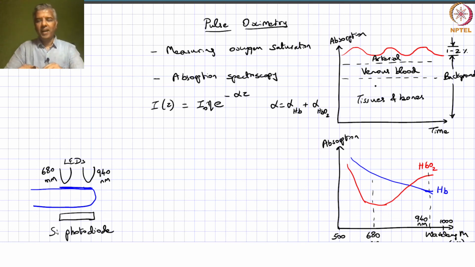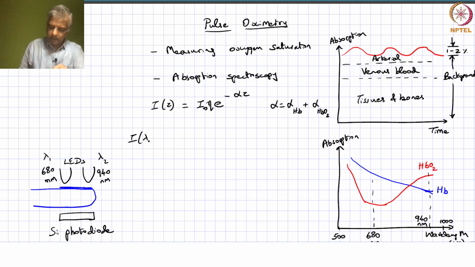Okay. Anyway, if we were to now look at the actual measurements that we are doing, let's call one wavelength lambda 1, another wavelength lambda 2. So you can write an expression for the intensity at lambda 1. That will correspond to I naught 1, which is the source intensity.